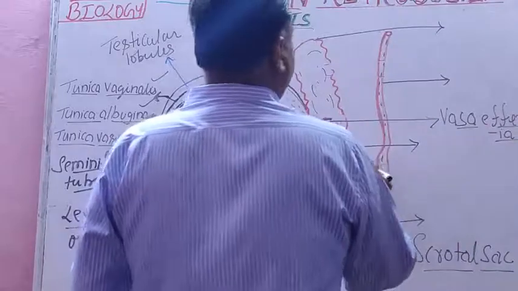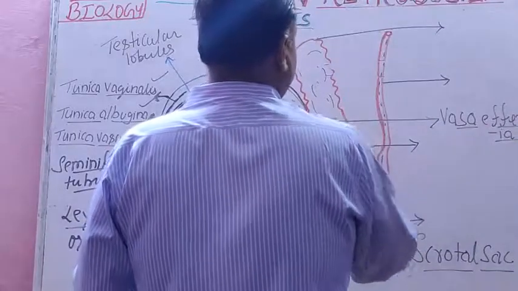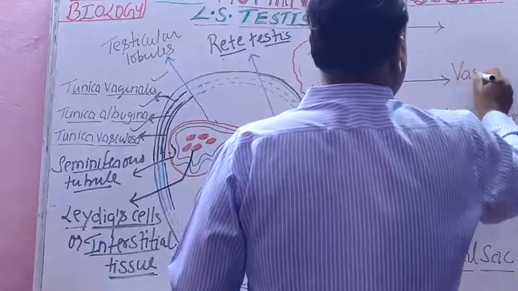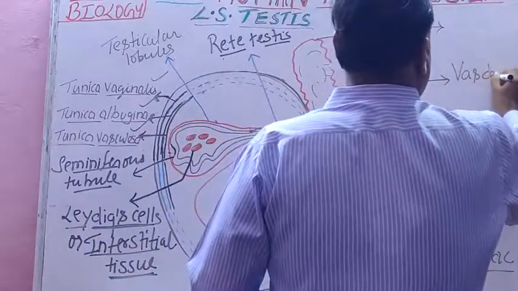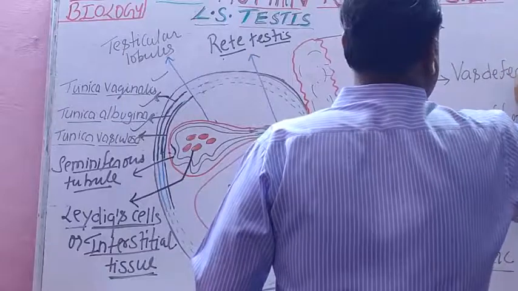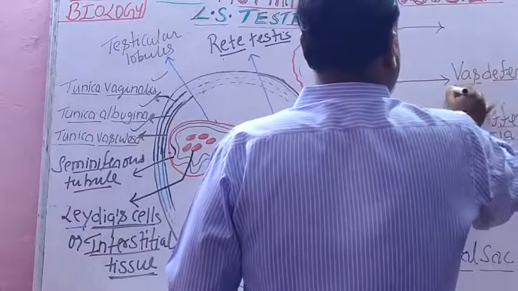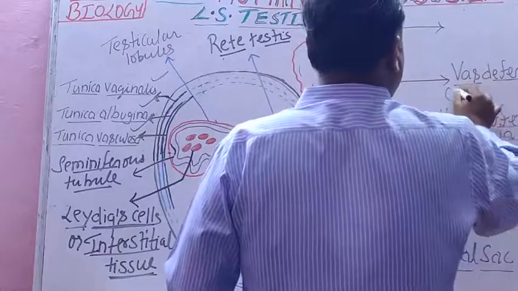And then this vasa efferentia opens in vas deferens indirectly, which we call the sperm duct.